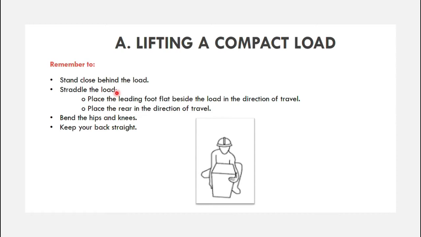Straddle the load. Place the leading foot. Dito pinapakita sa picture na to, yung foot niya ay naka-lead beside dito sa may karton. Place the rear in the direction level. Bend the knees and hips. Tapos dapat yung likod ay straight.